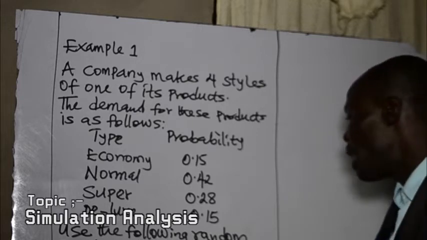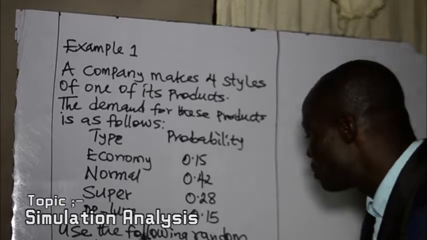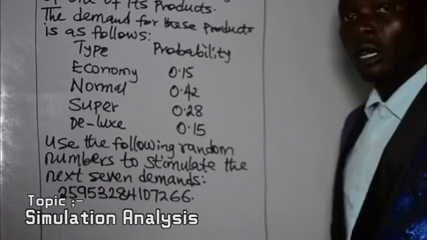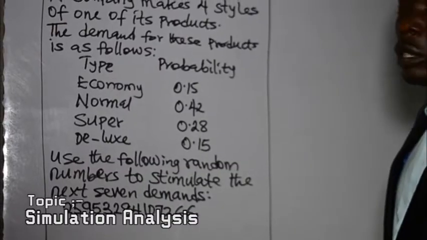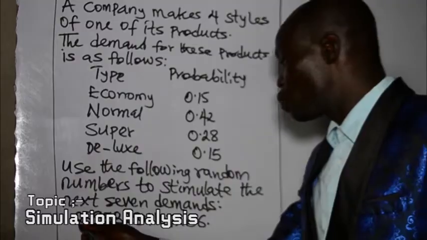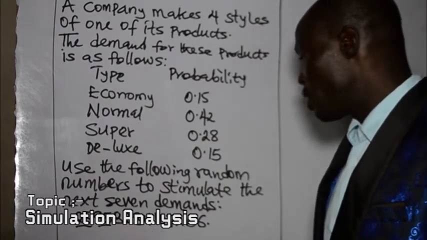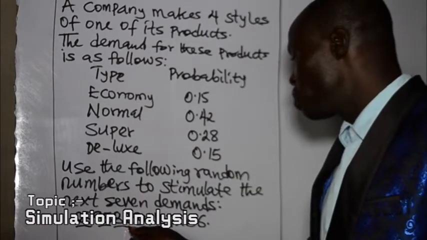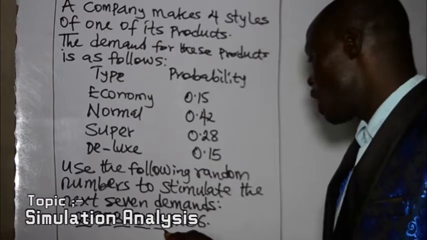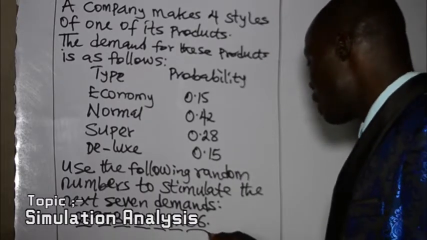Use the following random numbers to simulate the next 7 demands. I've told you earlier that a random number is usually 2 digits. So 25 is one random number, 95 is another, 32, 84, 10, 72, and 66.